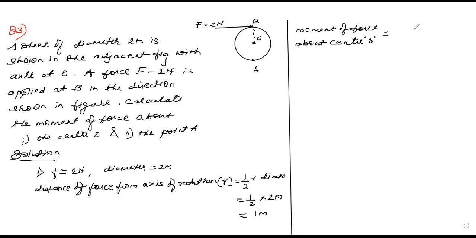It'll be force F into distance, the distance of force from the axis of rotation. So this is 2 Newton, and this is 1 meter. I got the distance as 1 meter. So how much do you get, children? This will be 2 Newton meter.